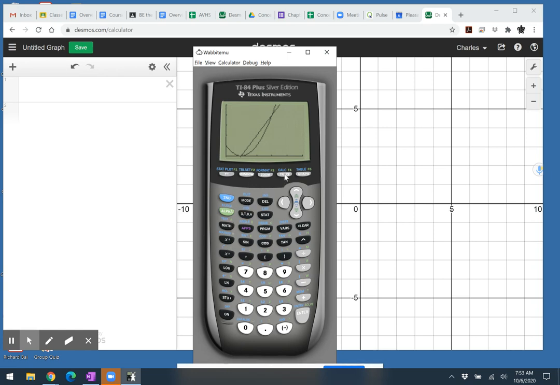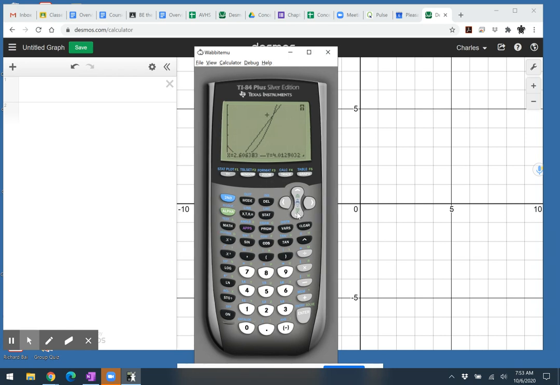So the second intersection point is at 3, 4. And the first intersection point is at 1, 0.